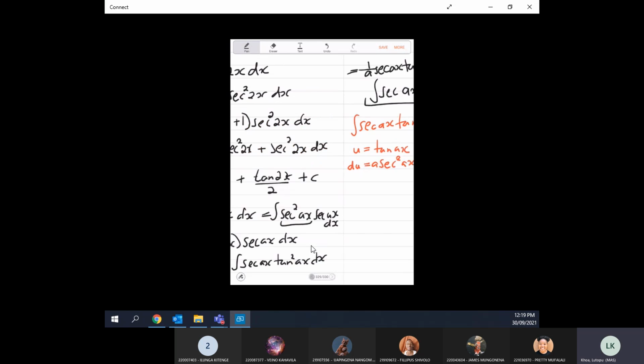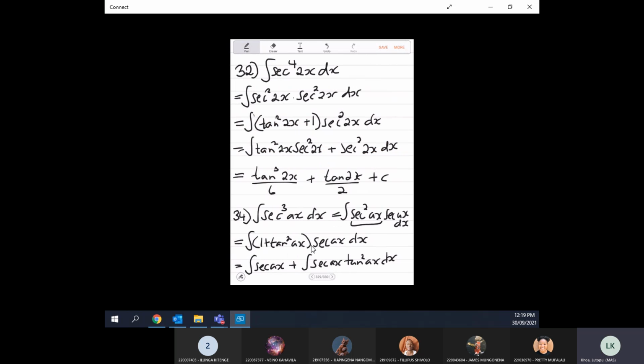So the integral of sec ax, that one is easy because it's just 1 over a times ln of sec ax plus tan ax. And then this one here, the integral of sec ax tan squared ax, is the one that we are now supposed to use by parts.